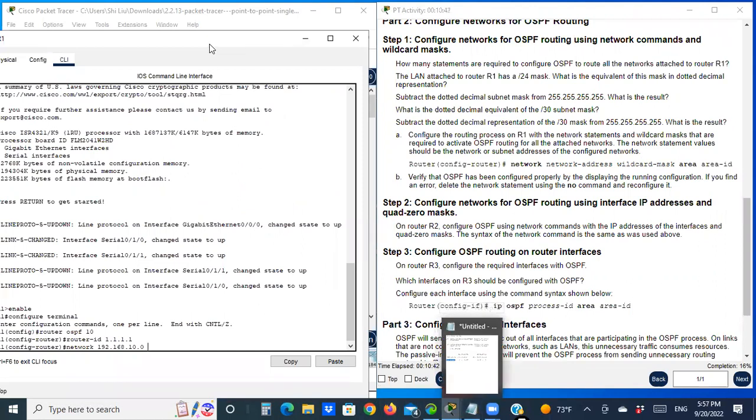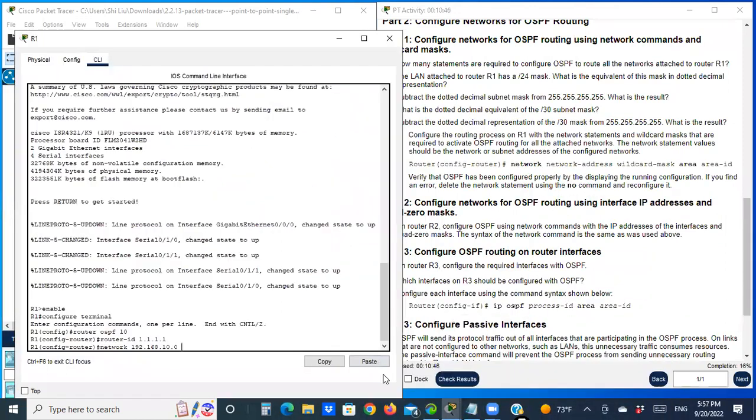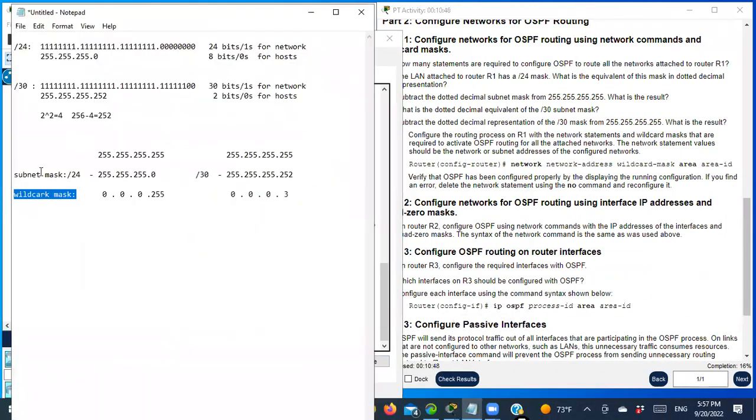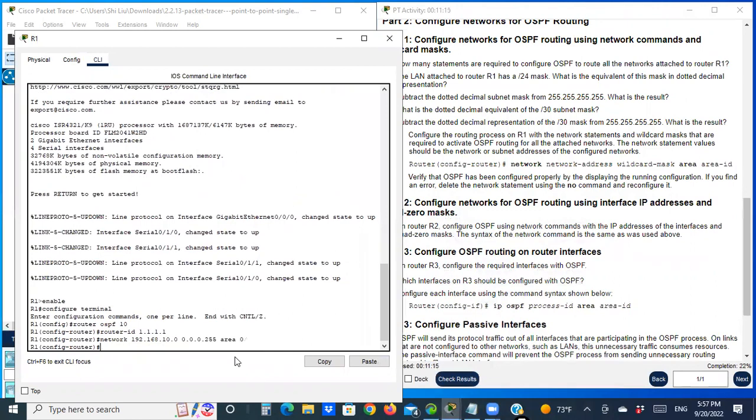This is a /24. The wildcard mask is from here. The wildcard mask is this one: 0.0.0.255. And the area: area 0.